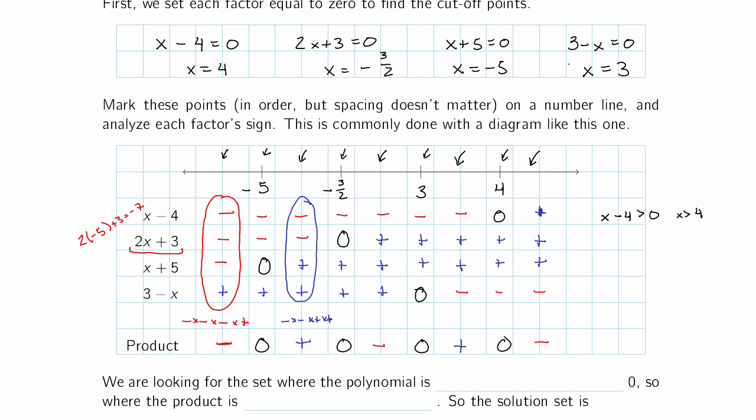Right, we know this about multiplying signed numbers. If we have an even number of negatives, then the product is positive. If we have an odd number of negatives, then the product is negative. And this even or odd thing is probably the easiest way to do it.